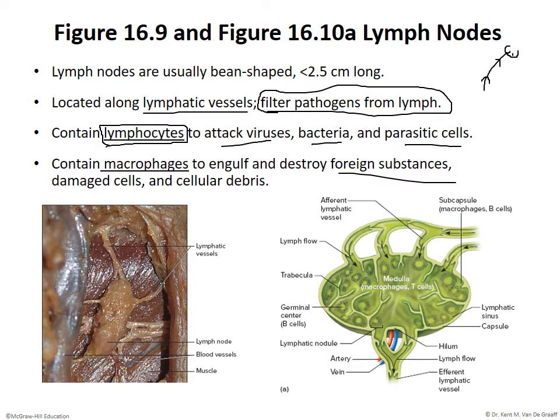Even in areas of damaged cells, you will feel it. If you have a cut on your arm, say this is the shoulder, this is my hand as I try and draw it here, and this is where my elbow is, and then go up, so the axillary region is here. Let's say I have a cut down here next to my hand.